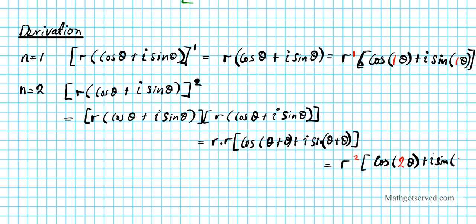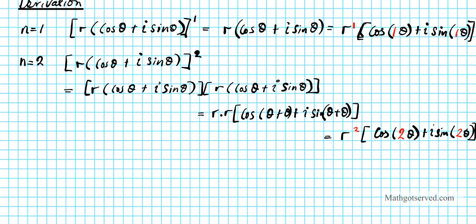Okay, do you see a pattern emerging out of this? You see how n equals 1 showed up in the final result. Note how n equals 2 shows up in the final result. Well, let's consider one more case, and then let's see if we can make a generalization by deductive reasoning based on the patterns that we're seeing.